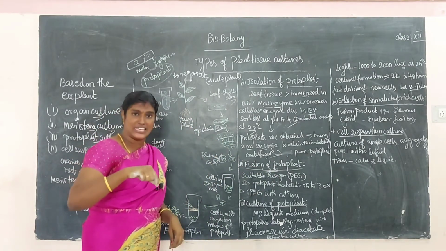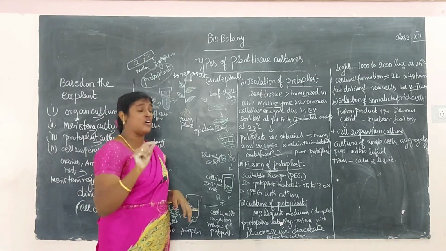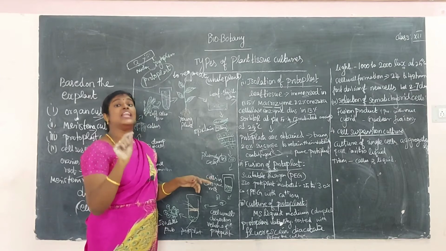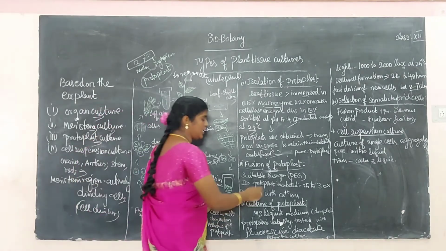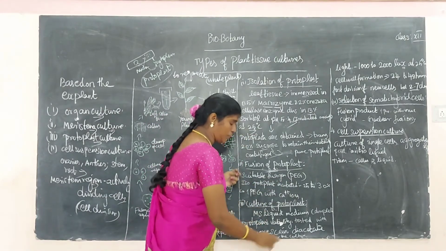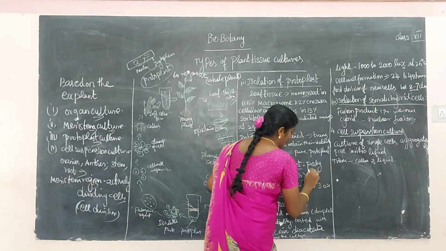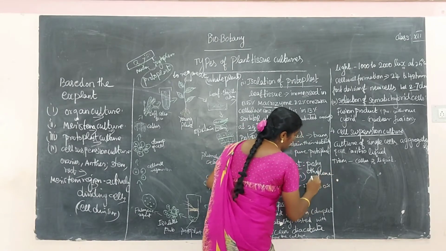What is a fusogenic agent? Polyethylene glycol, commonly called PEG. What is PEG? PEG is the abbreviation for polyethylene glycol.